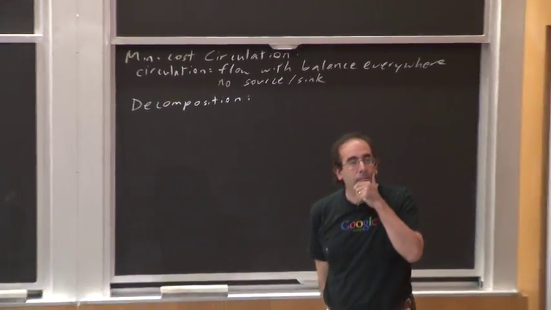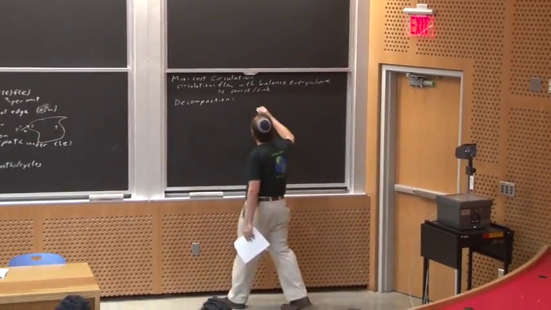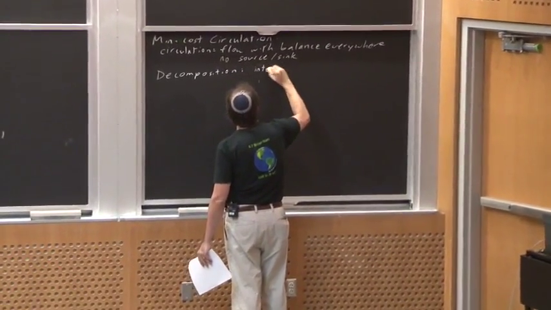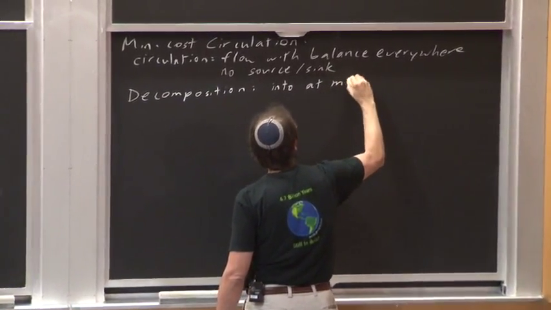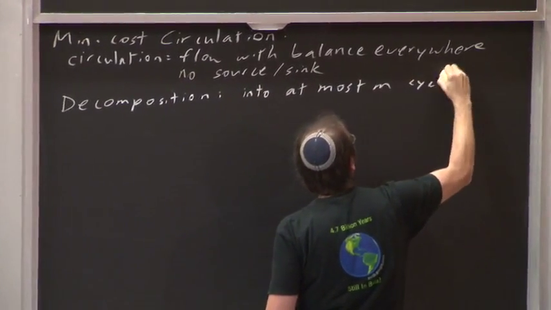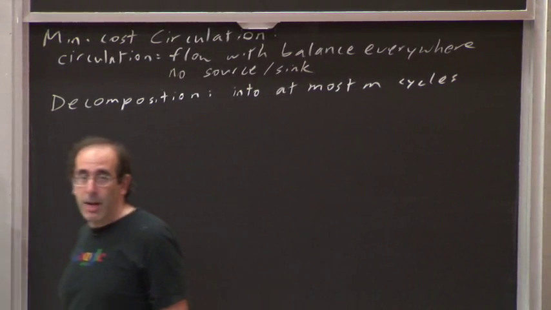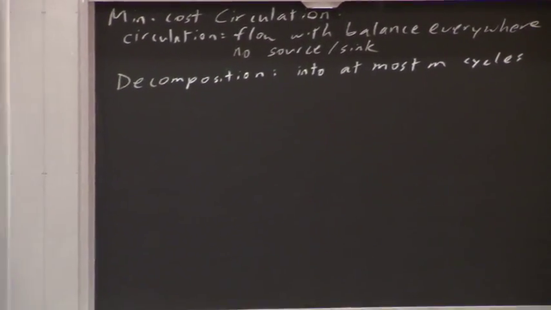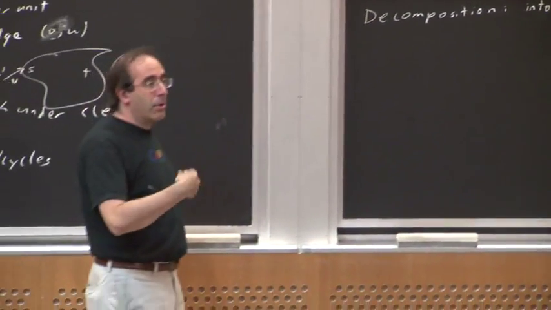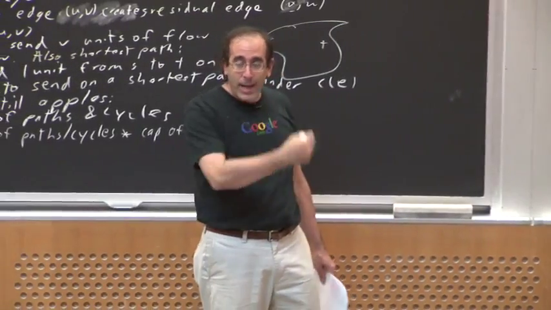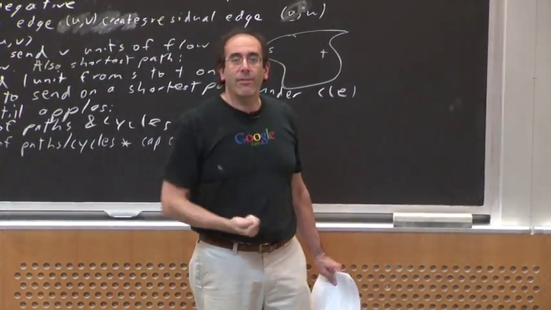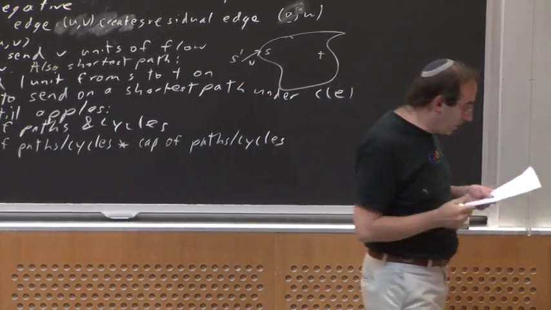Yes? It should be made up of cycles. Right. So any circulation can be decomposed into, at most, m cycles. We no longer need to think about paths at all, right? But the argument is the same, and the bound on the number of cycles being m is the same. As you do the decomposition, each time you find a cycle, you can take an edge out of the graph. And so you end up with, at most, m cycles.